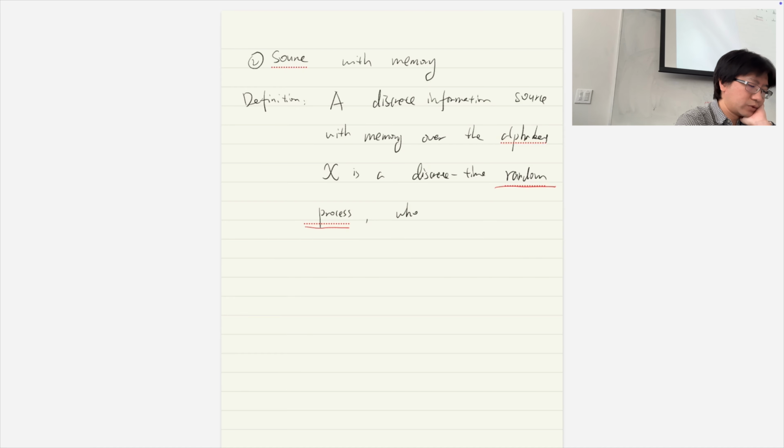Okay, we just use a random process to model this discrete source with memory.